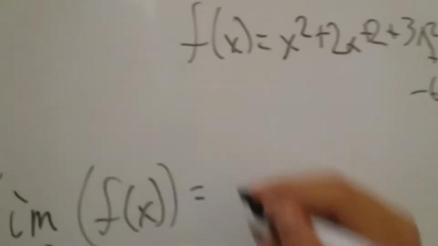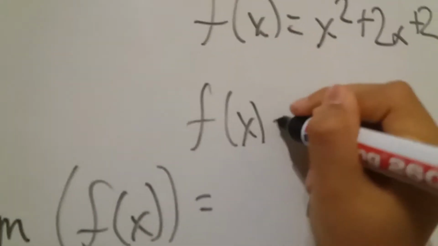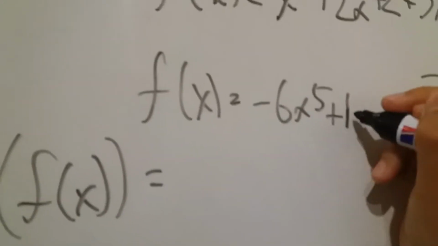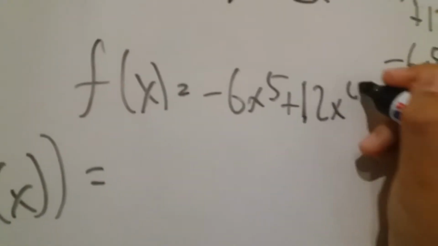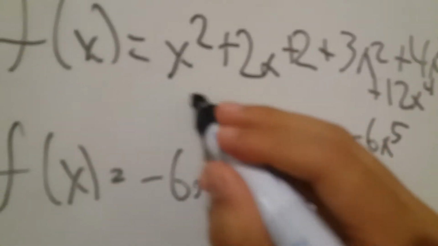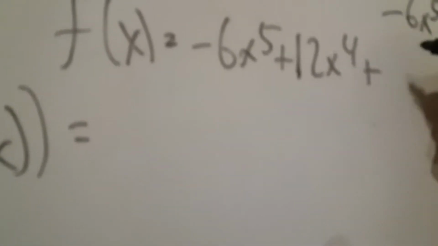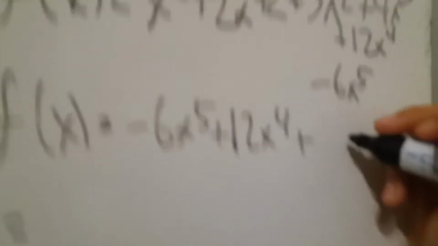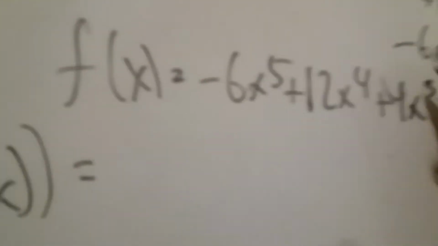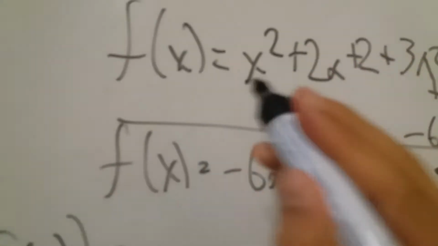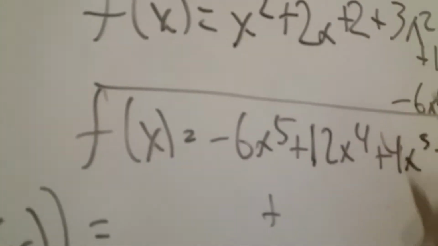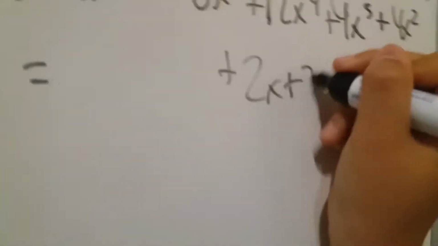Let me rearrange this. So f of x is equal to negative 6x fifth plus 12x to the fourth plus 4x cubed plus, if we combine the x squared and 3x squared, 4x squared plus 2x plus 2.